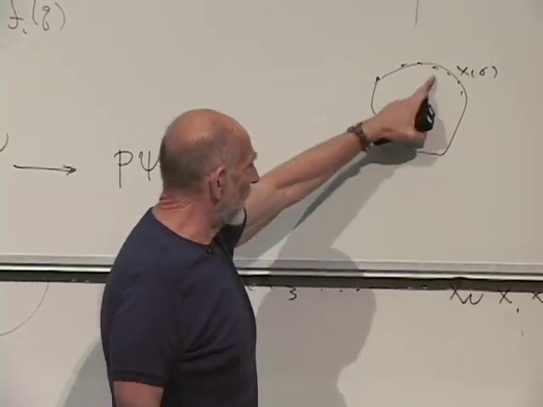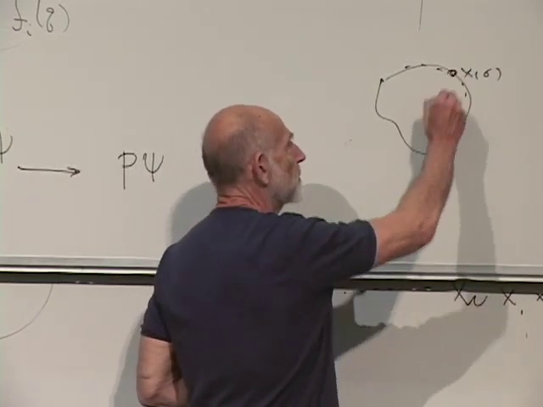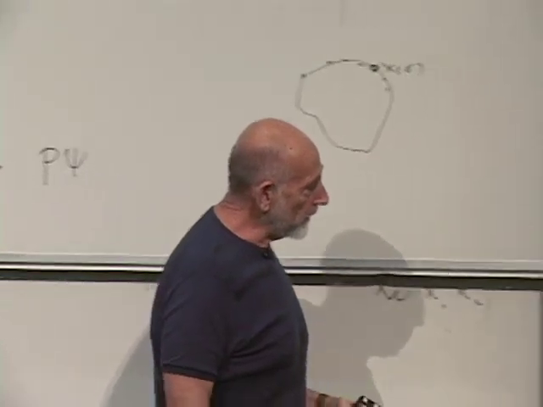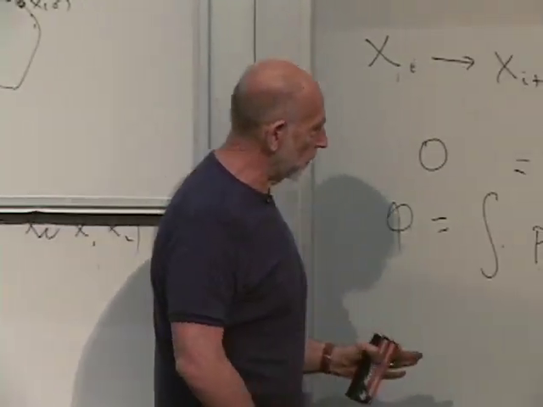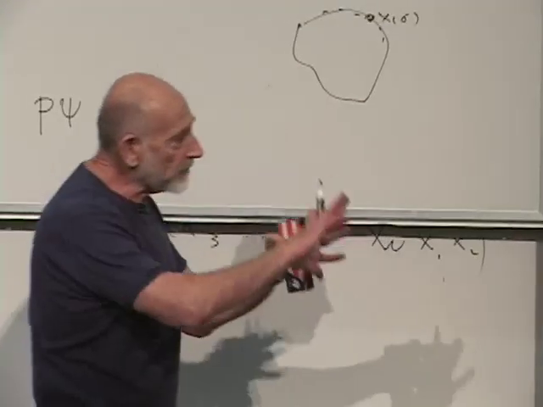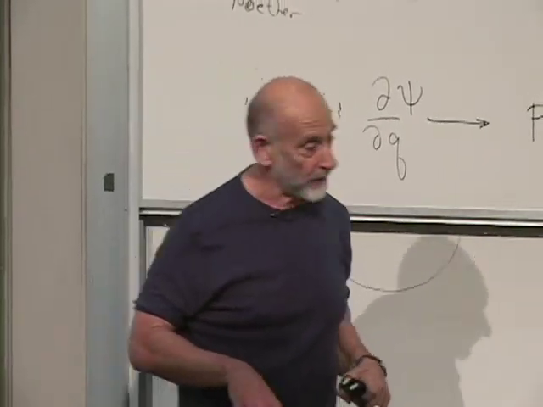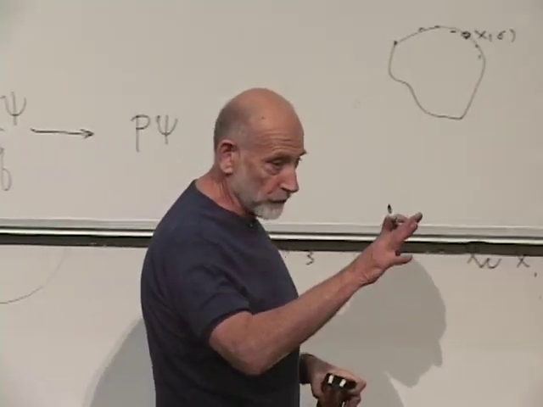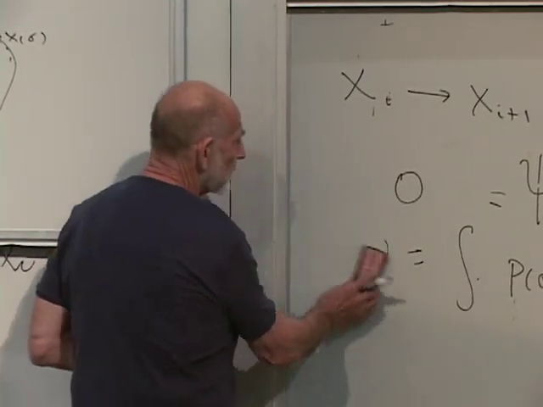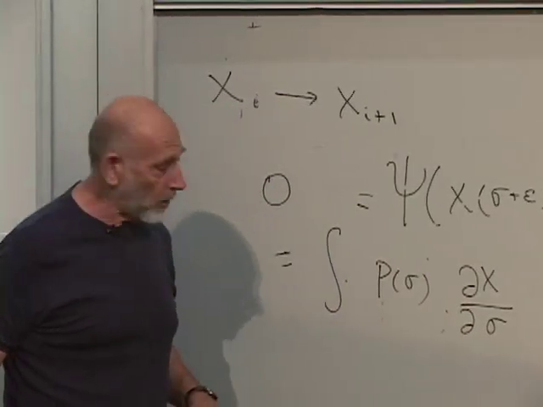So each little mass point on this string has its own momentum, p of sigma. And what do I find? I find that the condition that the wave function be invariant under reparameterizations of the sigma axis, in other words, just shifting the sigma axis, is the condition that a certain integral, p of sigma times dx d sigma, is equal to 0.